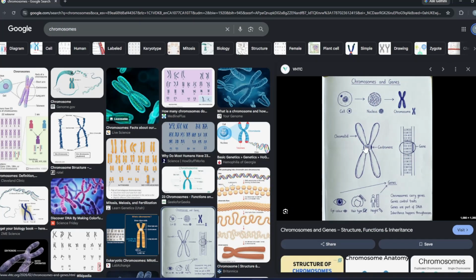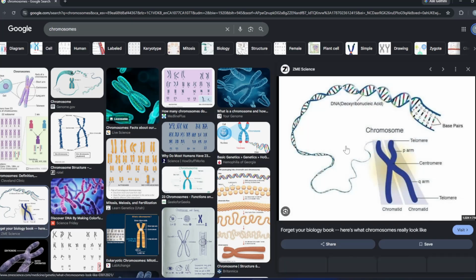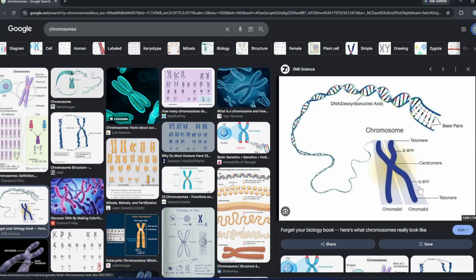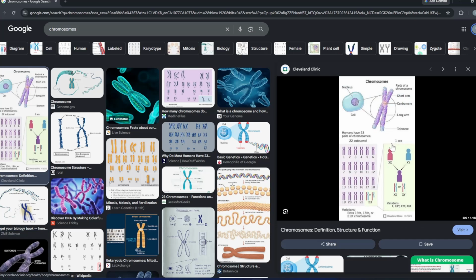So your chromatid is just one of them, and then your chromosome is this whole thing, right? Here's another one. You don't have to know P arm, Q arm. Centromere might be good to memorize. Chromatid is definitely good to memorize. Telomeres are important to memorize. And you have to know, basically, chromosomes are your DNA. So yeah, humans have 23 pairs of chromosomes. And they say that your 23rd pair determines your biological sex.